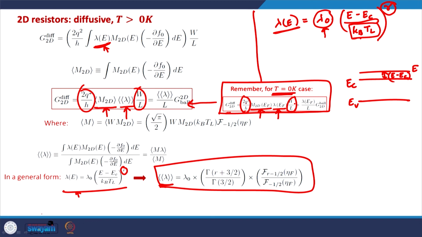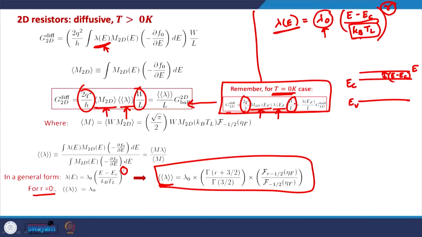You can try to see where this comes from. Generally for acoustic phonons, when we have phonons traveling like sound waves, this exponent r is 0, and in that case the average of lambda is equal to lambda naught.